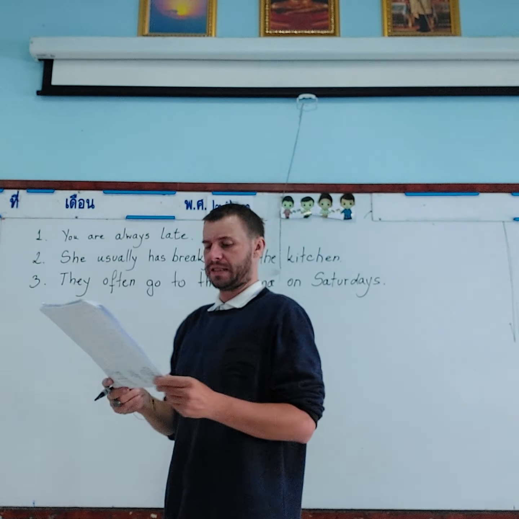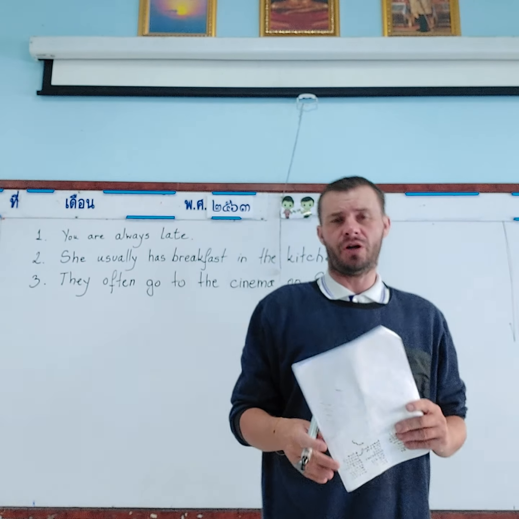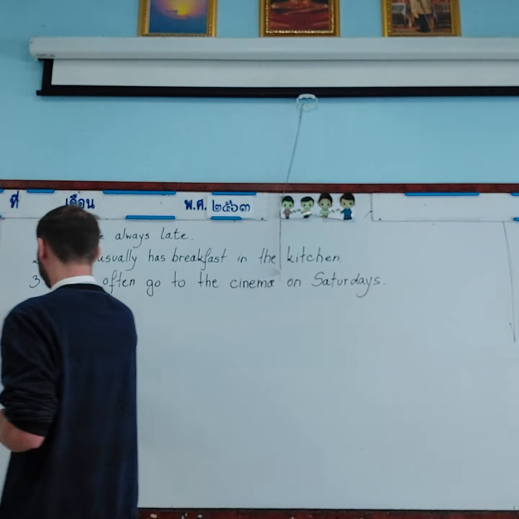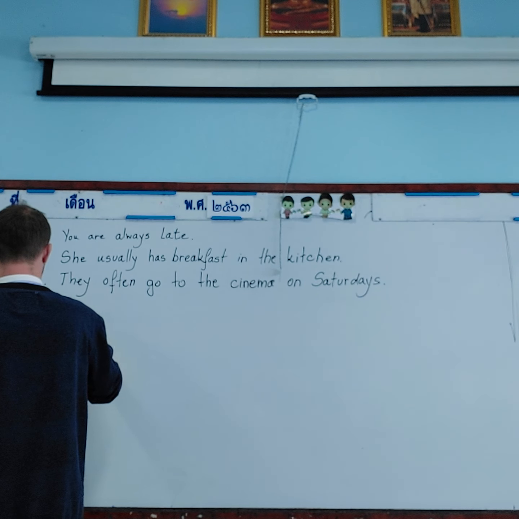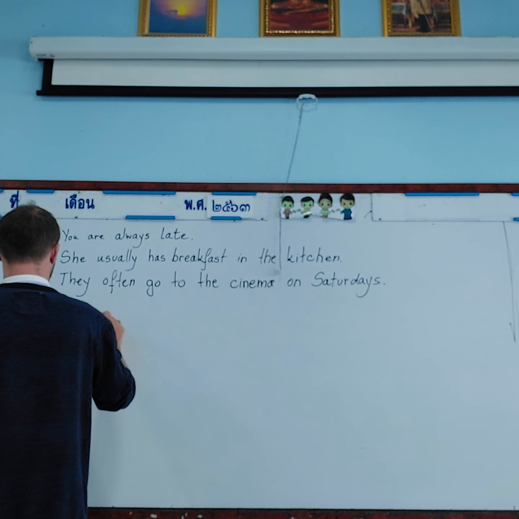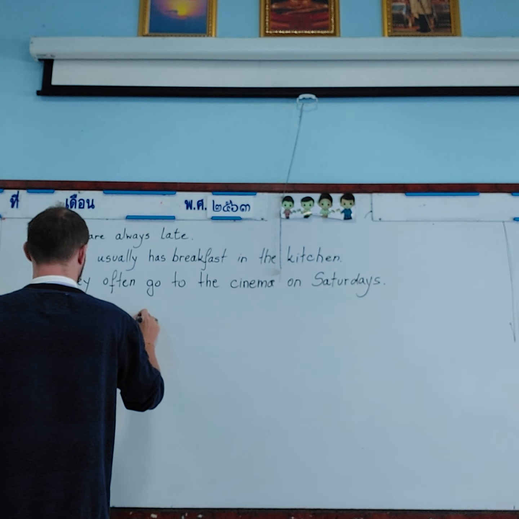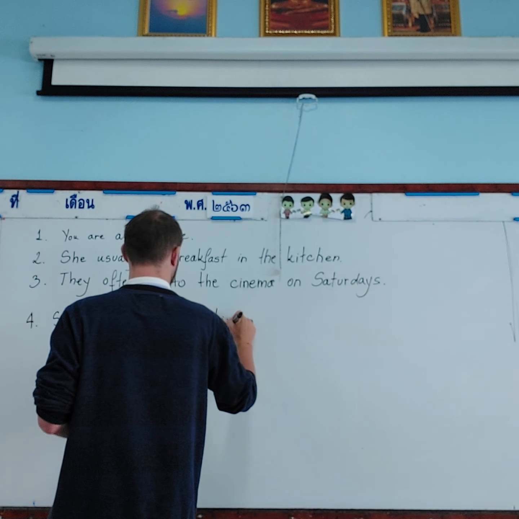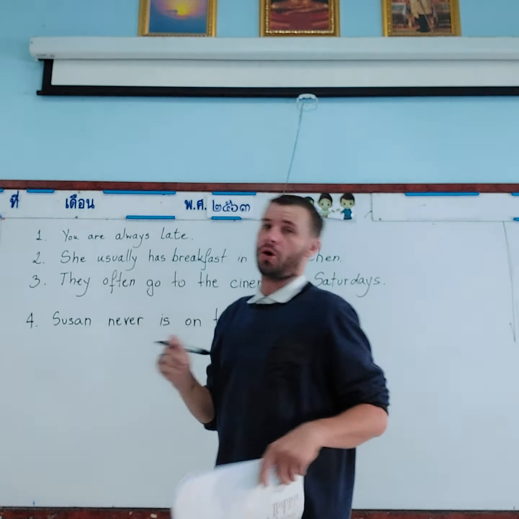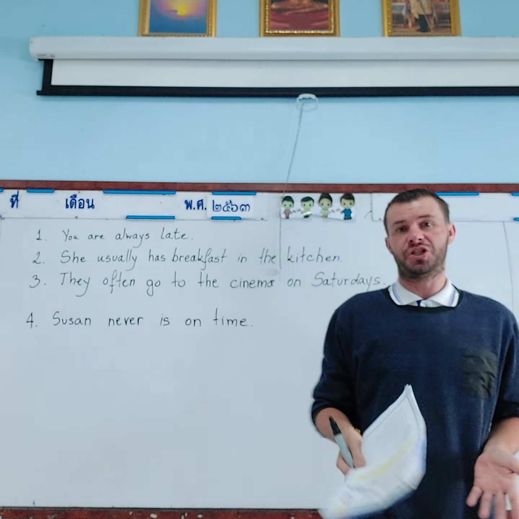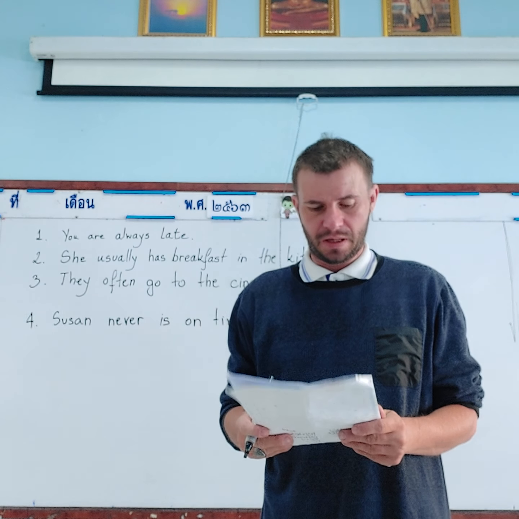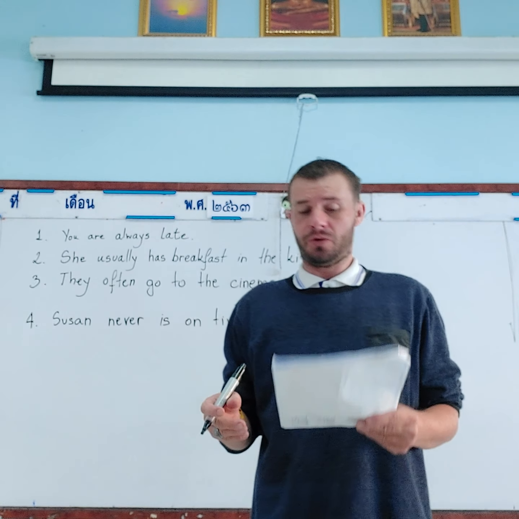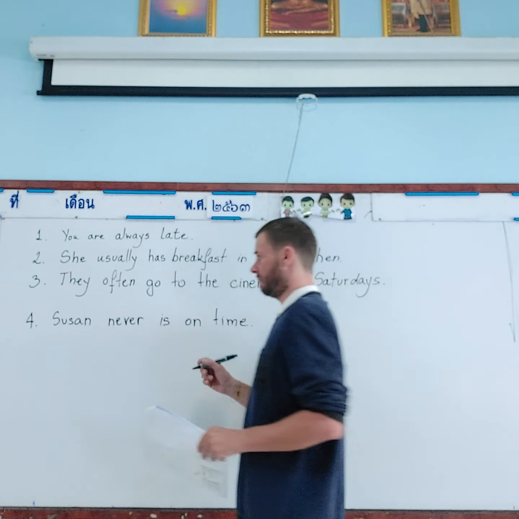Number 4 is, Susan is never on time, or Susan never is on time. She's always late. It means that she's always late. Number 5, Helen sometimes goes to school by bus.